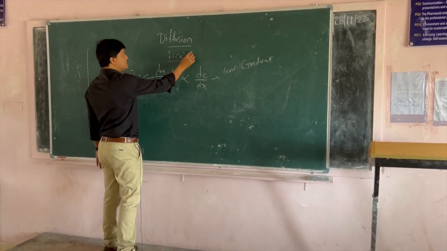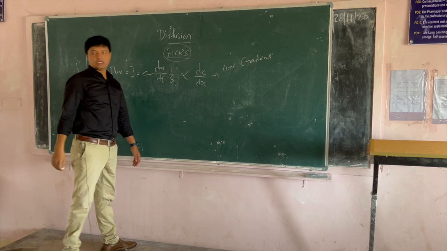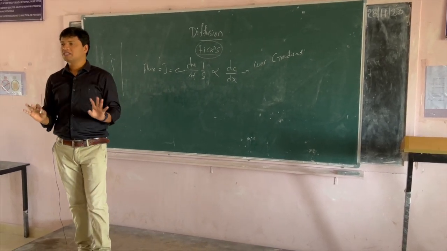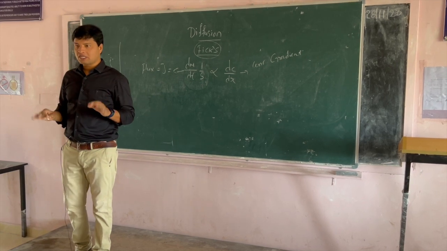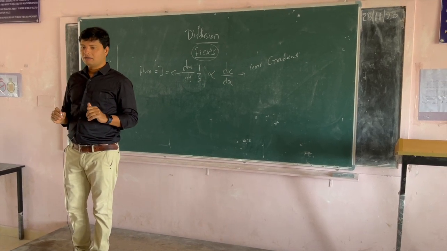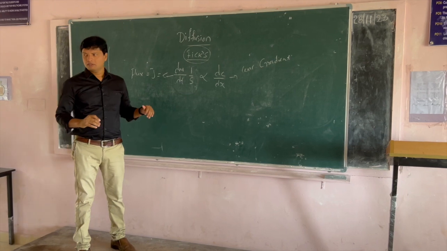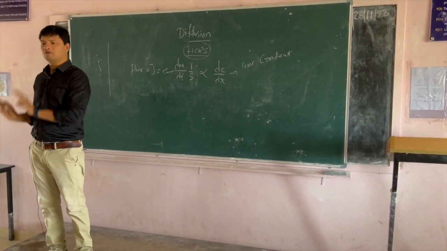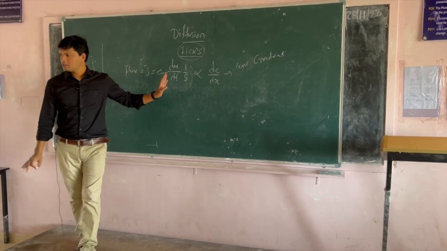Now you can use his name beside your name. You just created an equation. This is called Fick's first law. What is Fick's first law? Define. It is defined as flux is directly proportional to concentration gradient. That's all.